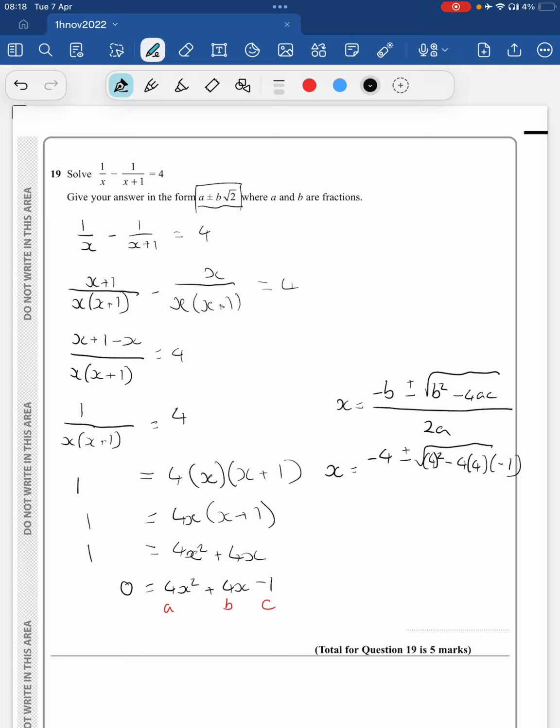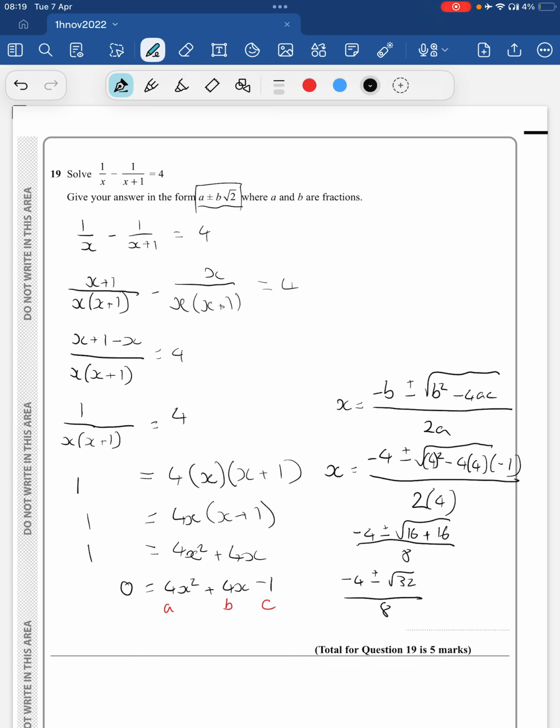So we can then have all of that over 2 lots of 4. So I'm going to have negative 4 plus minus the square root of, well, 4 squared is 16, take away, 4 times 4 is 16, times negative 1 is negative 16, so plus 16, all over 8. Negative 4 plus or minus the square root of 32 over 8.